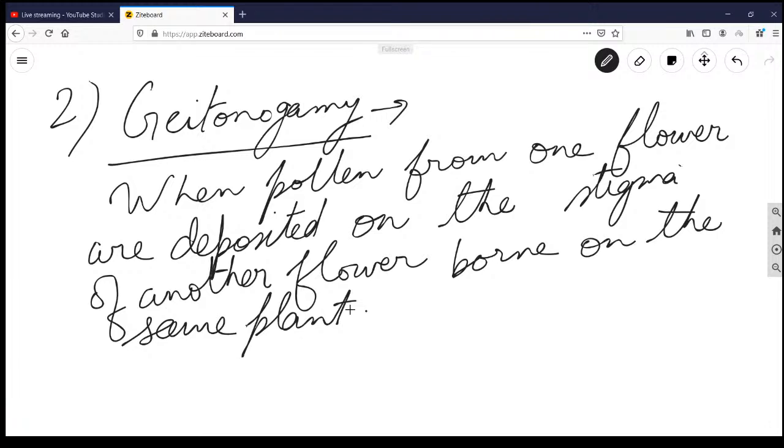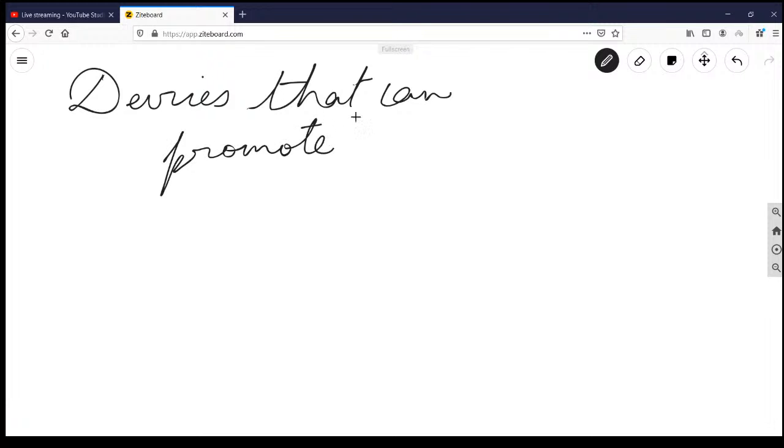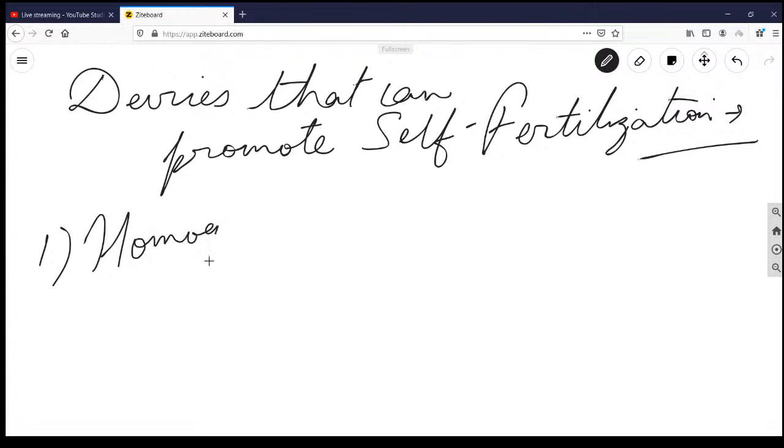Okay. Now you have various devices that can promote self-pollination. Number 1 is homogamy. So if you talk about devices that can promote self-fertilization, number 1 is homogamy. Now what is homogamy?